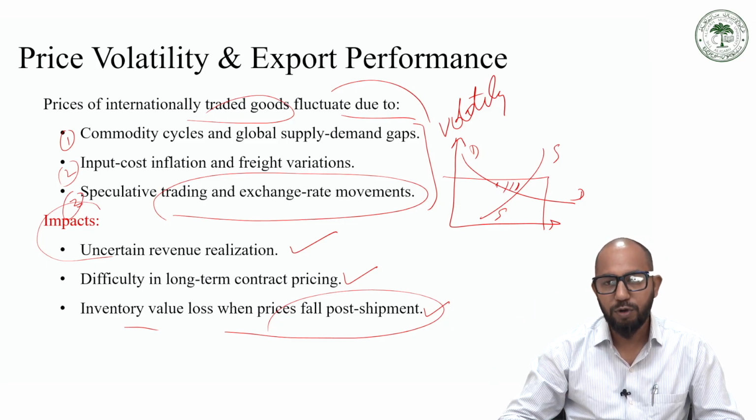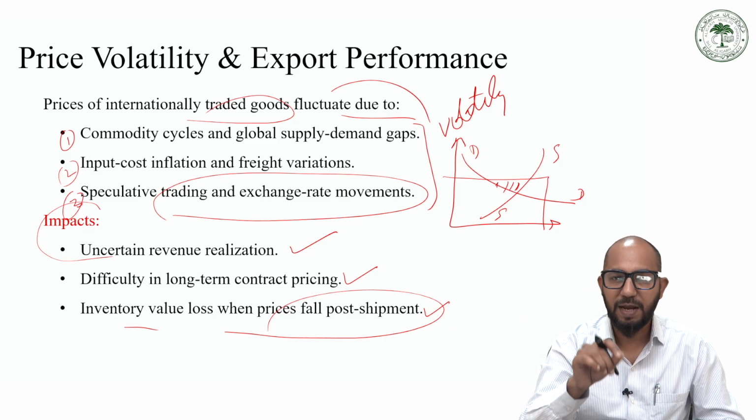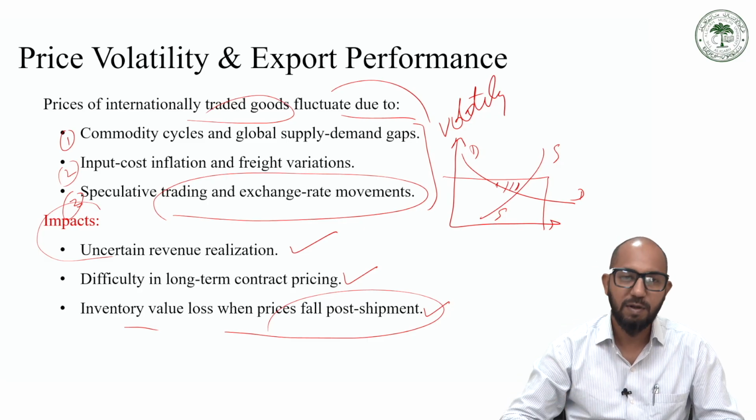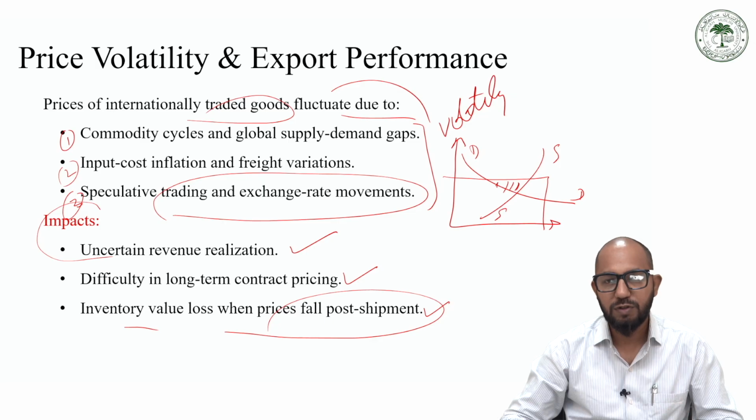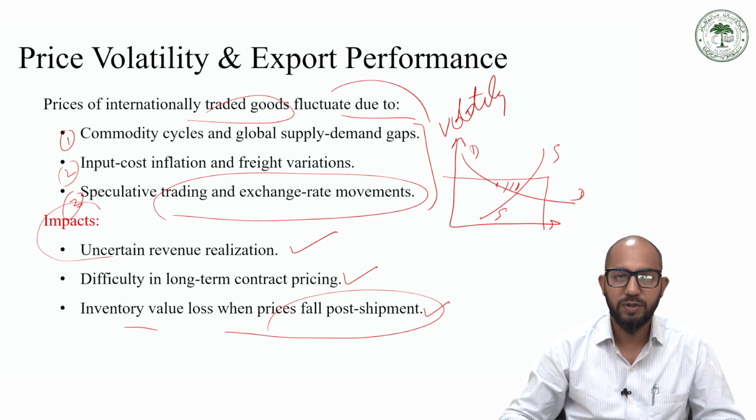Now the importer is ready to pay only at the current level of the price. Now this is going to be a burden on the exporter. So this is also an issue of concern for the exporters, which reduces the export performance in terms of profitability and valuation.